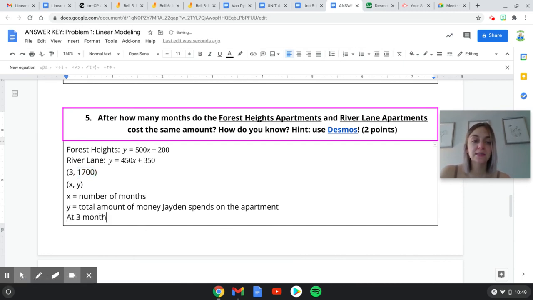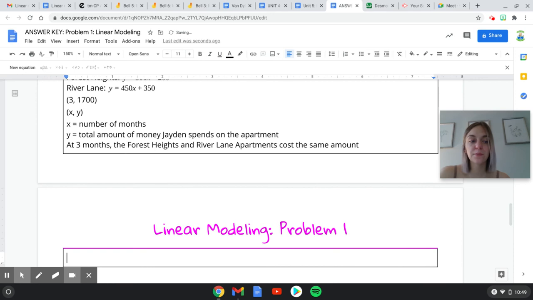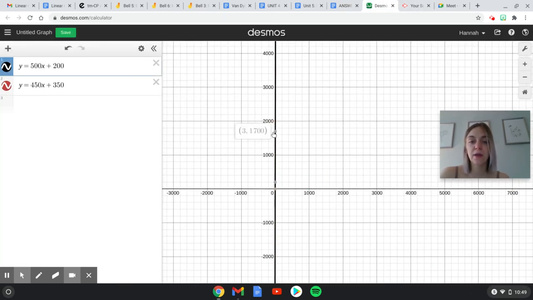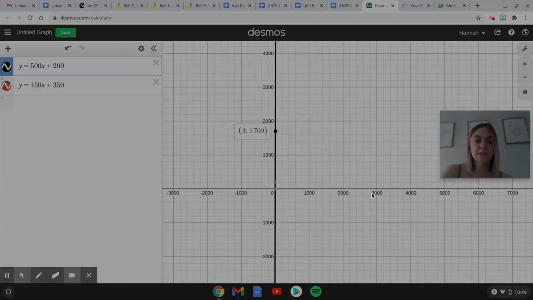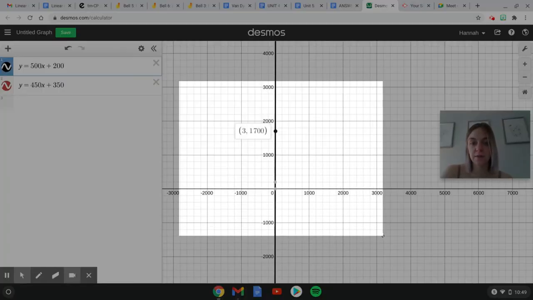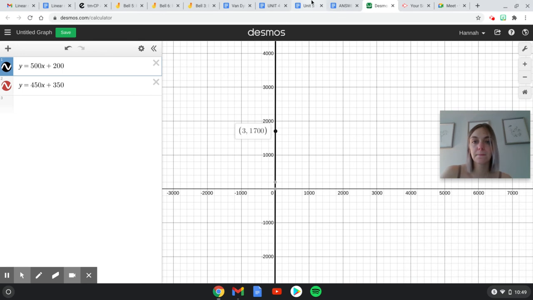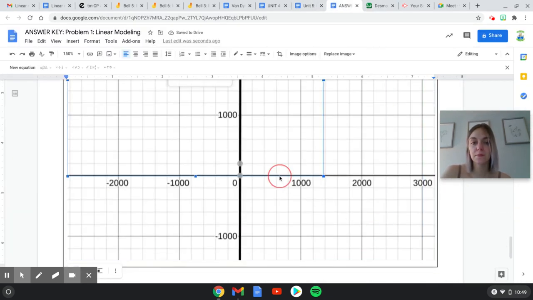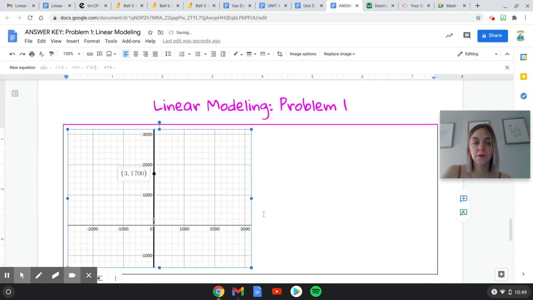So at 3 months, the Forest Heights and River Lane apartments cost the same amount. And just like I did before, I'm going to take a screenshot of this just to prove my point. So this is me showing my work, my screenshot. Perfect. So I can see that point that shows where the two graphs cross.